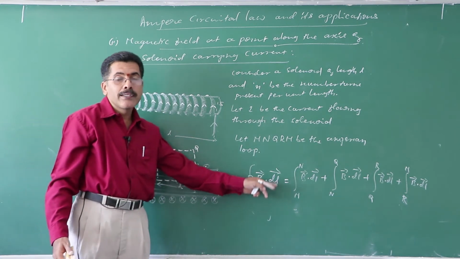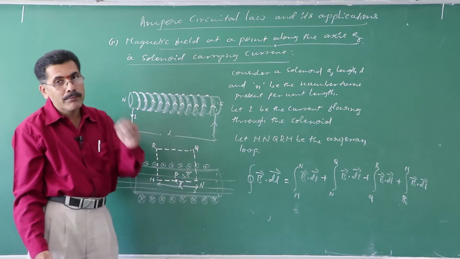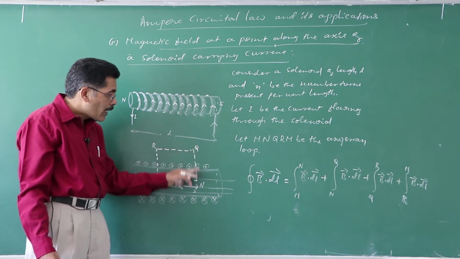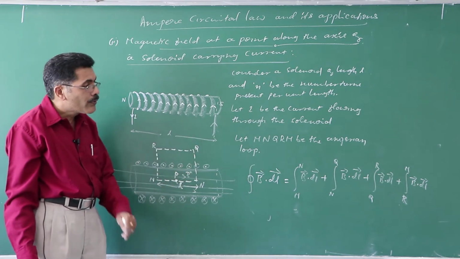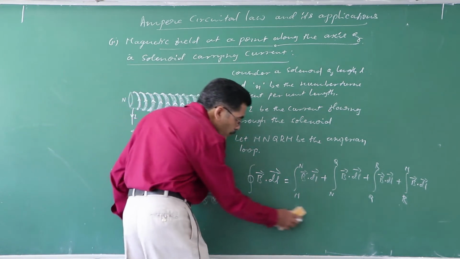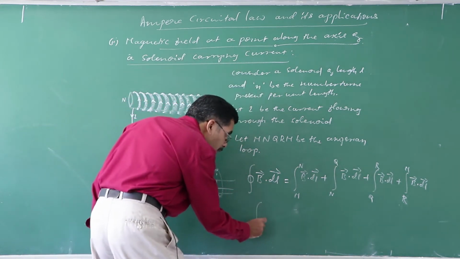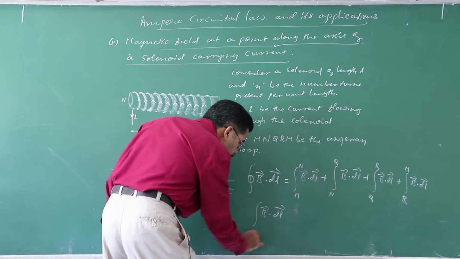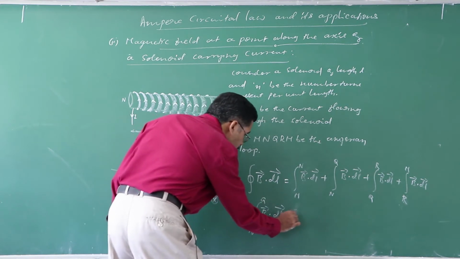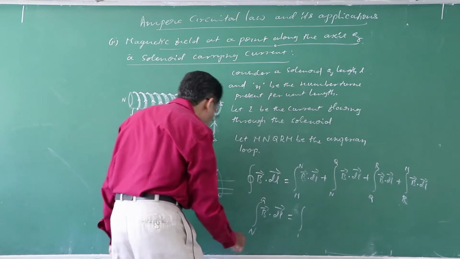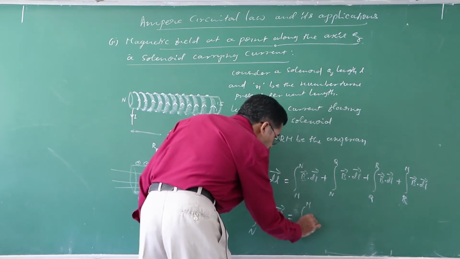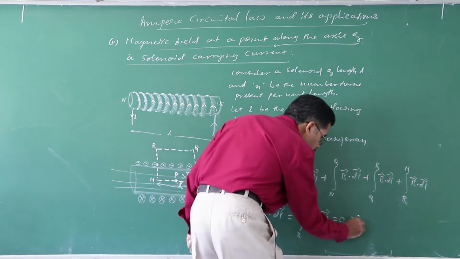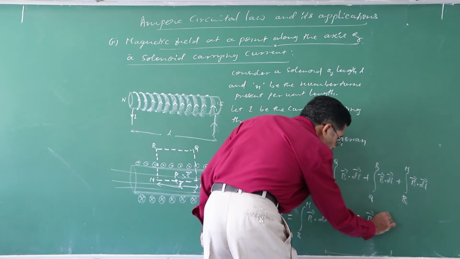You know that B dot dl is B dl cos theta, and theta becomes 90 degrees. Therefore, the contribution from these two parts, NQ and RM, becomes 0. The integral of B dot dl along NQ and along RM equals 0 because B is perpendicular to dl.